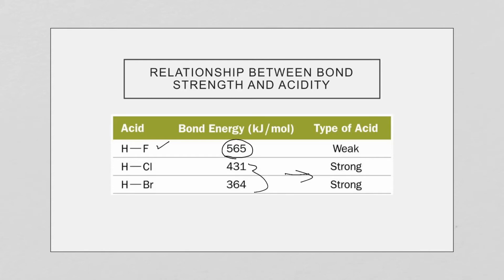Hence, we get strong acids. So we can have our sort of anecdotal trends, right, where we look at the periodic table and see, okay, we know the bond strength gets weaker as you go down because atoms get bigger, etc. Now we can show numbers here, and we can look at those actual bond energies, and we can see, yes, the bond energies are quite a bit lower from chlorine and bromine compared to fluorine.